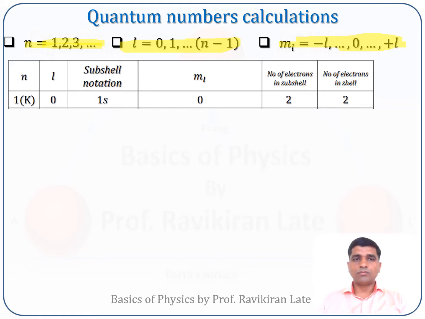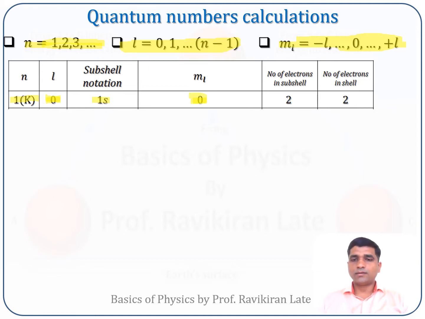These quantum numbers are given here. For n equal to 1, which we call the K shell, l is equal to 0, and l equal to 0 corresponds to the s orbital. So the notation for this subshell is 1s, and for a given value of l equal to 0, you can have only a single value of ml, that is ml equal to 0.